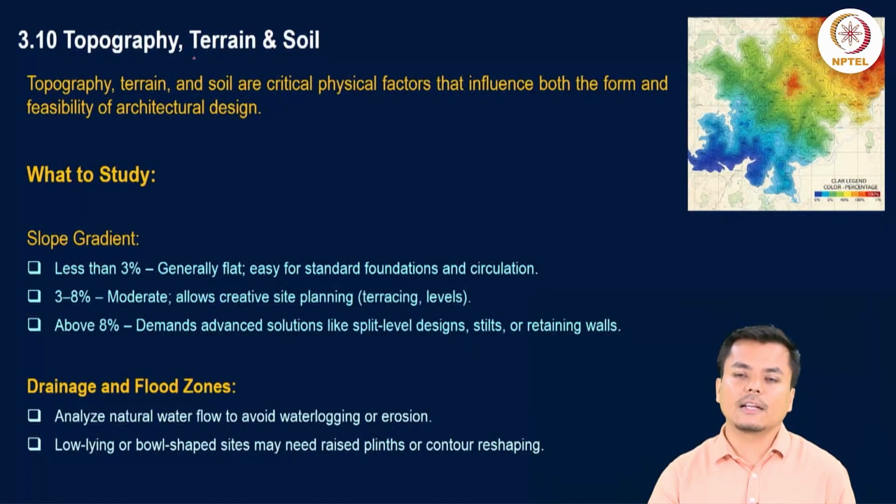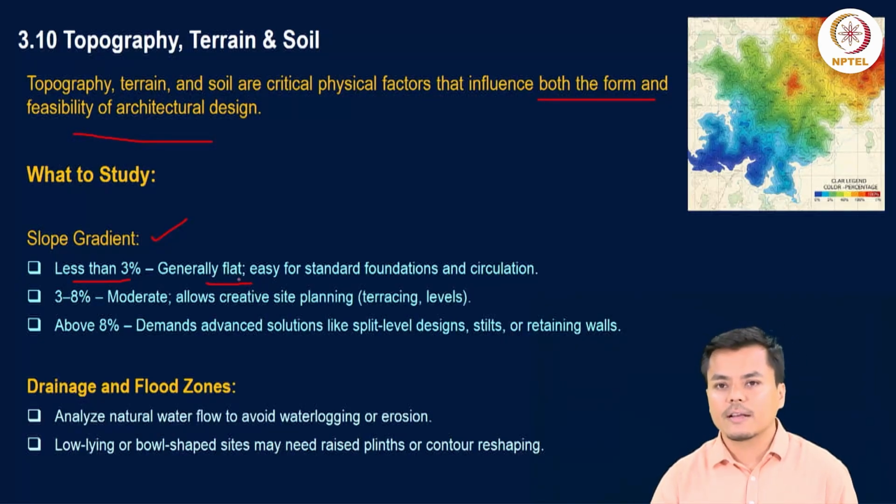Then the other detail includes topography, terrain and soil. The topography, terrain and soil are critical physical factors that influence both the form and the feasibility of the architectural design. So what to study in this case? The slope gradient. If the slope in the site is less than 3%, it is generally flat and easy to build with standard foundation and circulation.